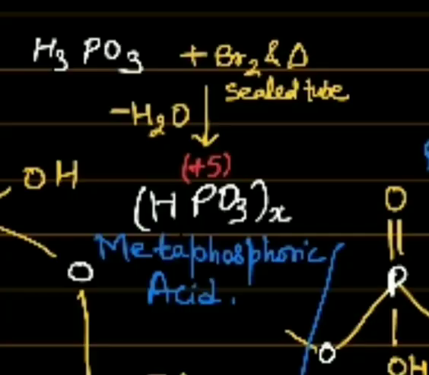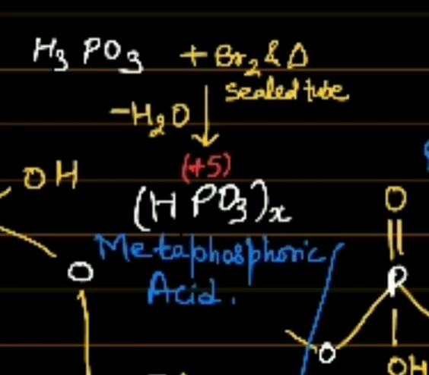Now the case of phosphoric acid. So firstly start with the metaphosphoric acid. Metaphosphoric acid has a general formula HPO3 as a monomeric unit, which gets polymerized in a cyclic way or a linear pattern to give rise to different cyclic metaphosphoric acids or polymetaphosphoric acids.